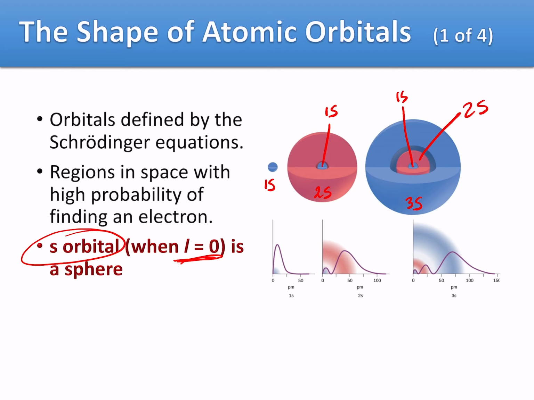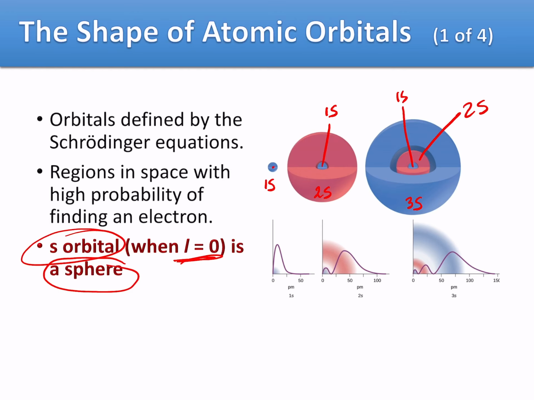You can think that the nucleus here is a really small dot centered in the 1s orbital, and from there it's just getting larger and larger. Once again, the s orbital is a sphere, so that's the easiest one to recognize.